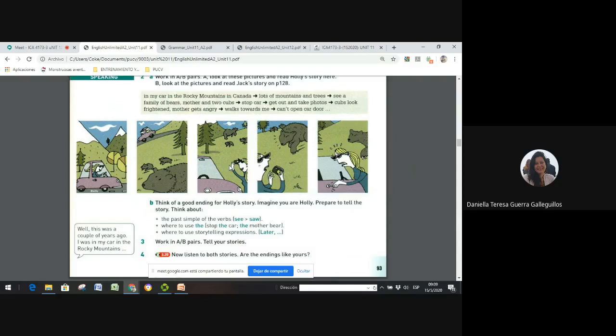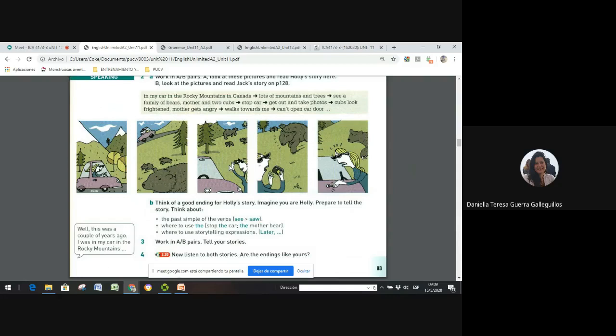Track 20. Holly. Well, I was in my car in the Rocky Mountains in Canada, and I was on a highway with lots of beautiful mountains and trees nearby. It was a sunny day and everything was perfect. Suddenly, I saw a family of bears, a mother bear and 2 cubs, near the side of the road. I love bears, so I stopped the car, got out, and started taking photos. I wasn't very close to the bears, but the cubs got frightened, and the mother looked angry.